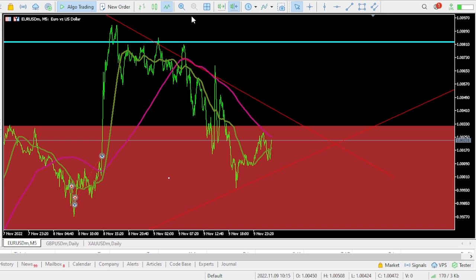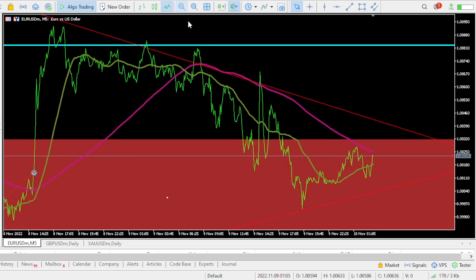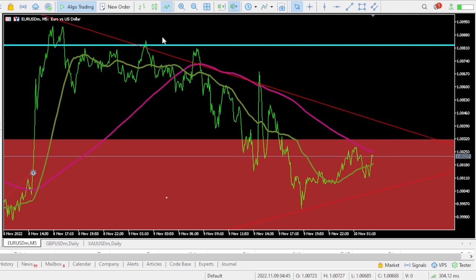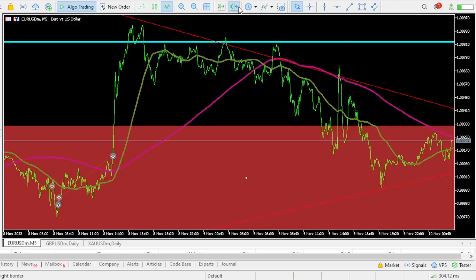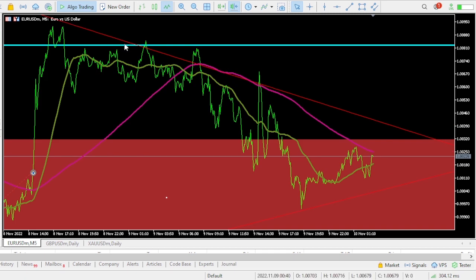And how you will see that is there will be a crossover. If the green crosses over the red, that means it's about to go up. Then if it breaks above this 30 minutes trend line, all these ones broke above it, but it was a fake out. So that's why you must know what is happening in the higher time frame first.